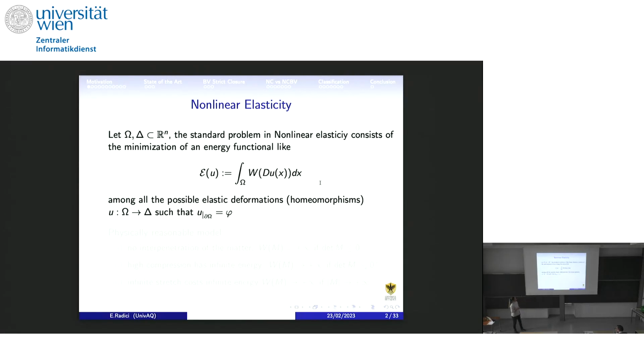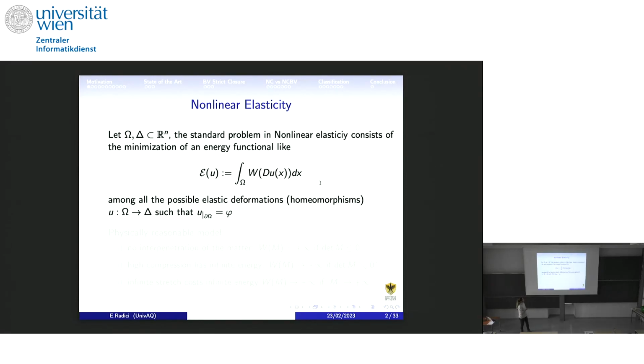And then we consider all the possible elastic deformations of the interior onto the interior. Elastic means a reversible shape change of the material. We heard from Barbara yesterday that the proper mathematical object to describe this is the notion of homeomorphism, because it keeps continuity and injectivity.